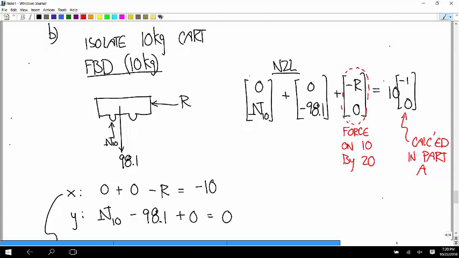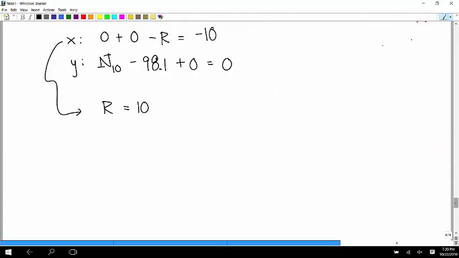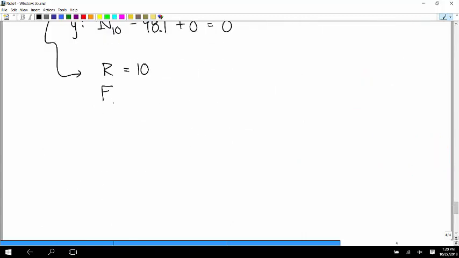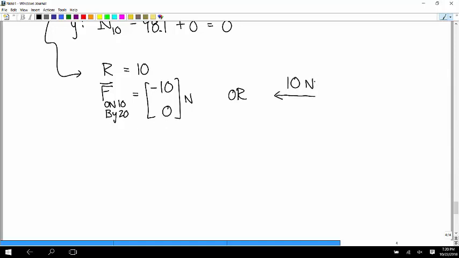So now we can plug the 10 that we calculated in for R, and we get that the force vector on 10 by the 20 is equal to negative 10, 0 newtons. Or another way to write that, it has a magnitude of 10 acting in the negative x direction. So 10 newtons that way.